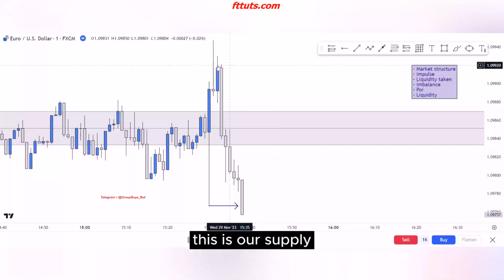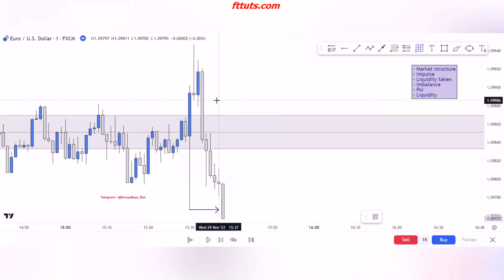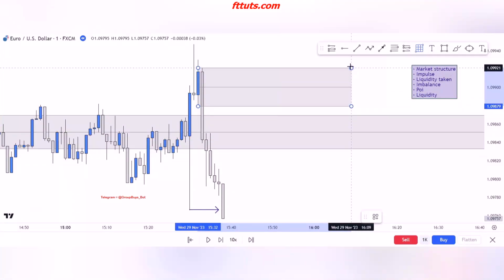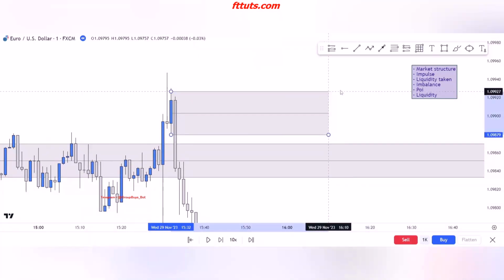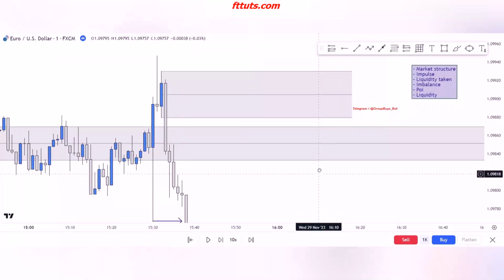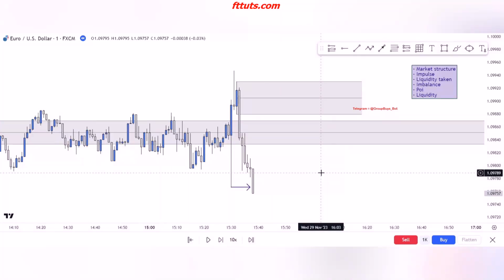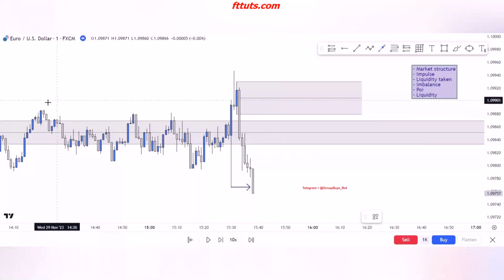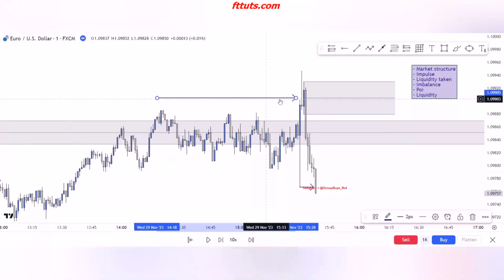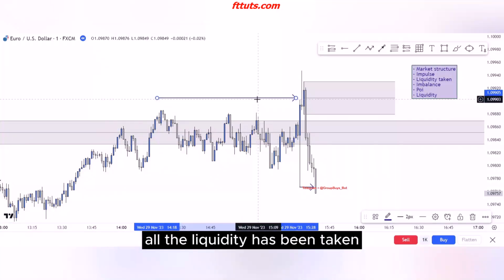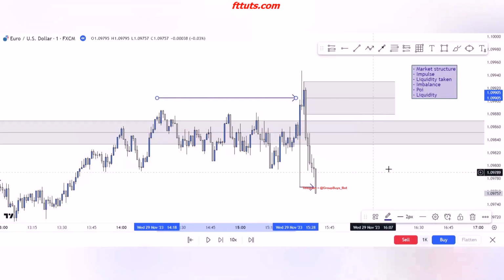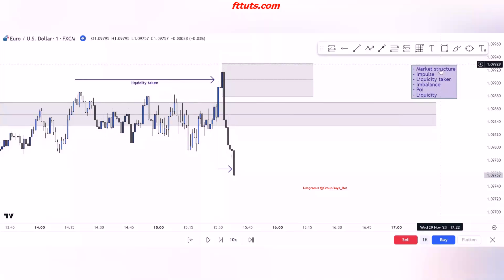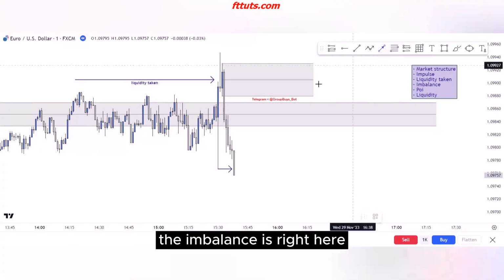This is our supply. All the liquidity has been taken. The imbalance is right here.